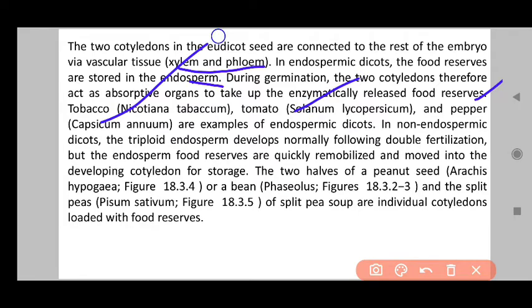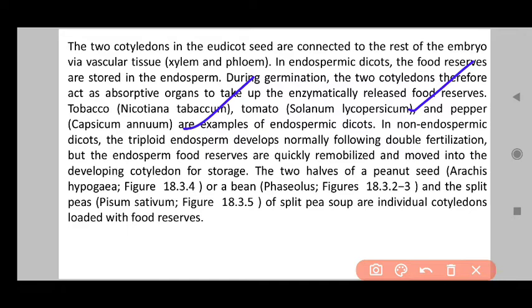Tobacco's scientific name is Nicotiana tabacum, tomato's is Solanum lycopersicum, and pepper is Capsicum annuum. In these types of dicot plants, the cotyledons act as absorbing organs.